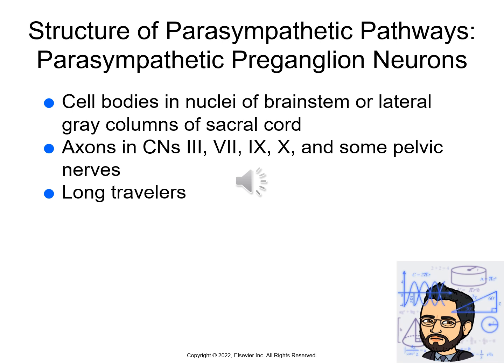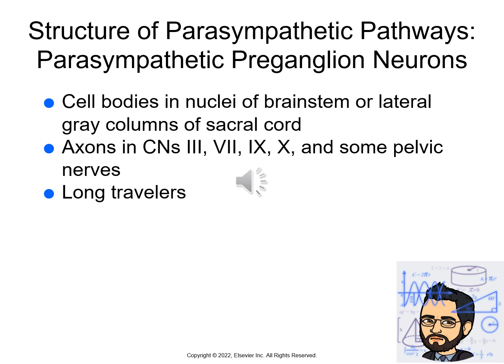So in the parasympathetic nervous system, the preganglionic neurons have their cell bodies in the brainstem nuclei or the lateral gray columns of the sacral spinal cord, and their axons travel long distances via cranial nerves 3, 7, 9, and 10, as mentioned there in the slide, and some pelvic nerves. Right, and these extend from the brainstem and the sacral spinal cord.